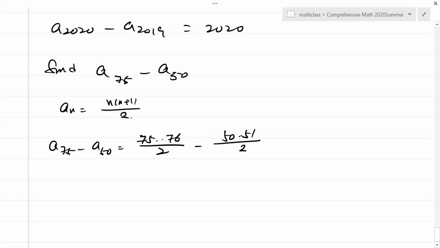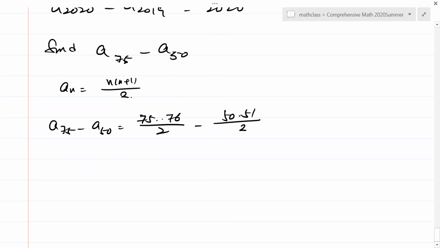Okay, any idea? So how do you simplify things like that? You could multiply this out, but there's a small trick here. 50 and 75 have a common ratio. 75 is 3 times 25, and 50 is 2 times 25. So you have a common factor, and you should take it out.